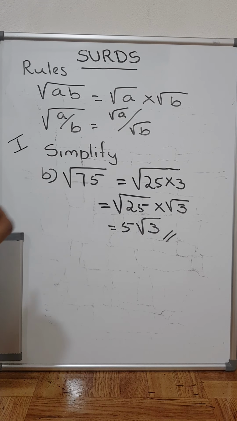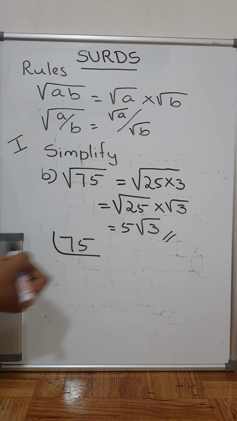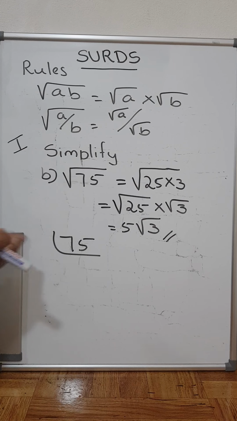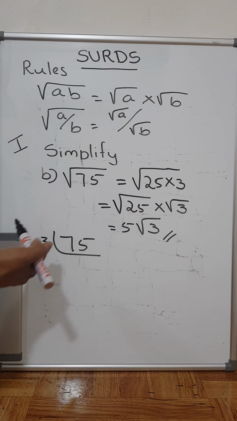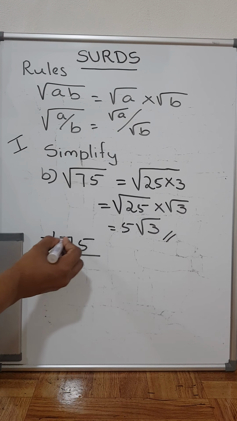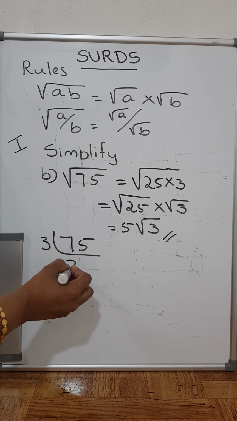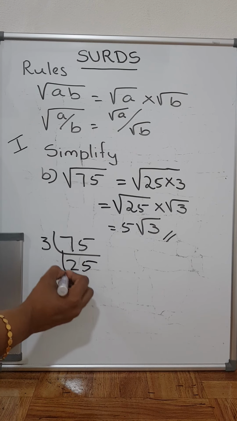Now if you can't find a perfect square, do the way as I said before. 75. You can divide by 3. You can check it with your calculator, or even 5 is fine. So 3 times 2 is 6. 25.